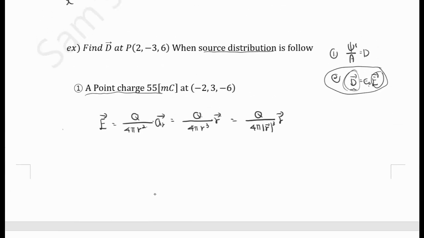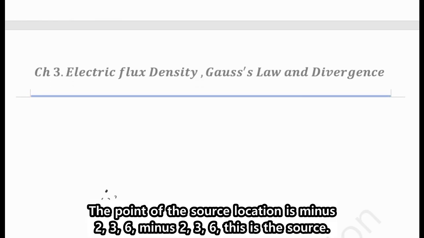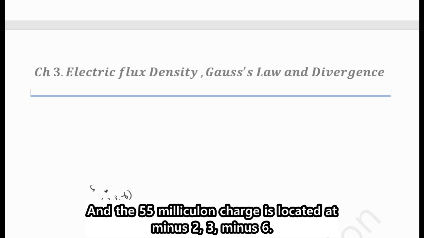The source location vector is minus 2, 3, minus 6, where the 55 millicoulomb charge is located.